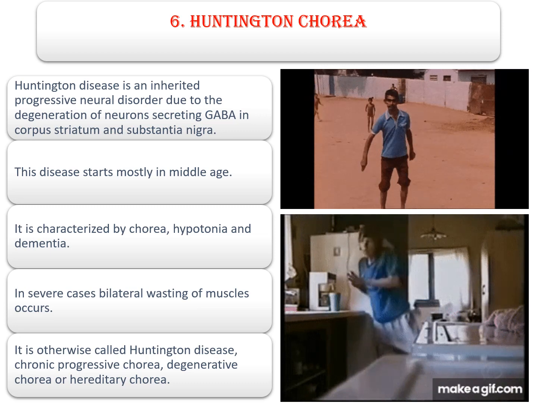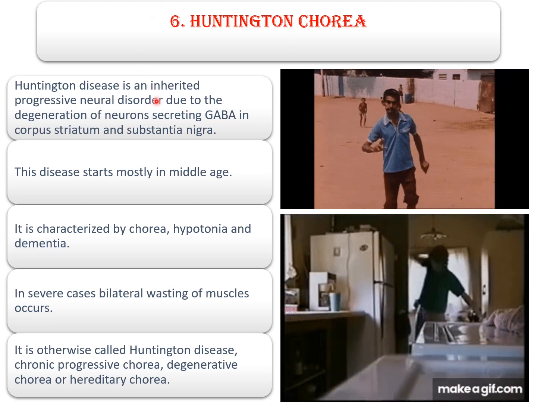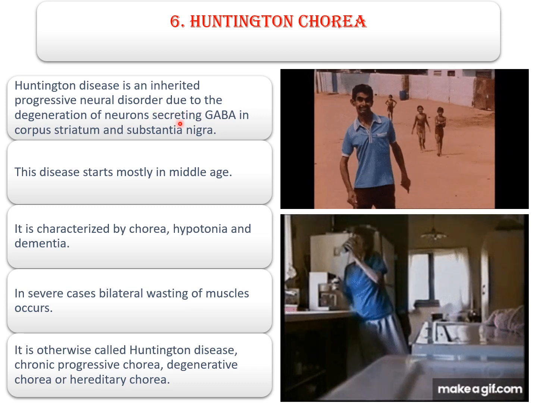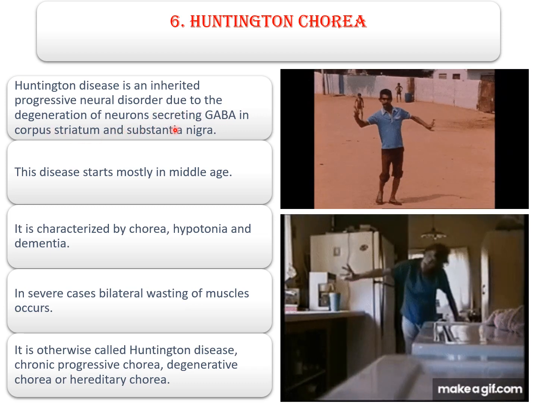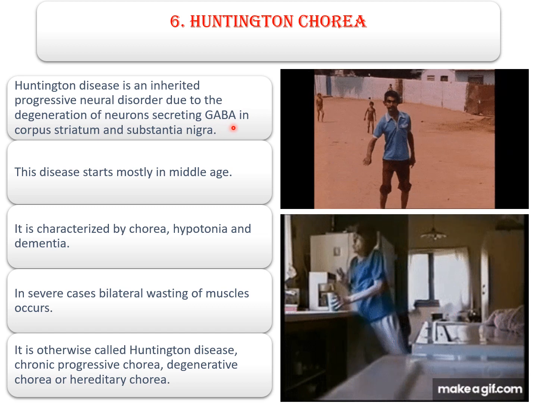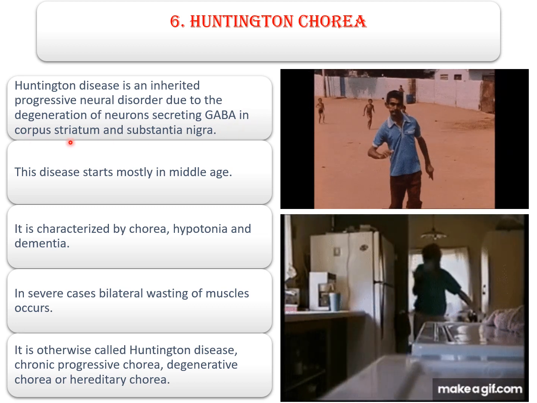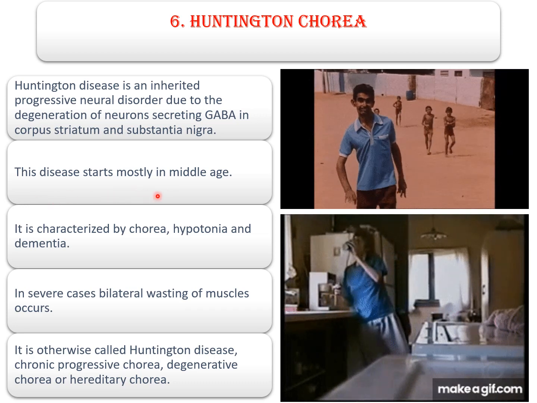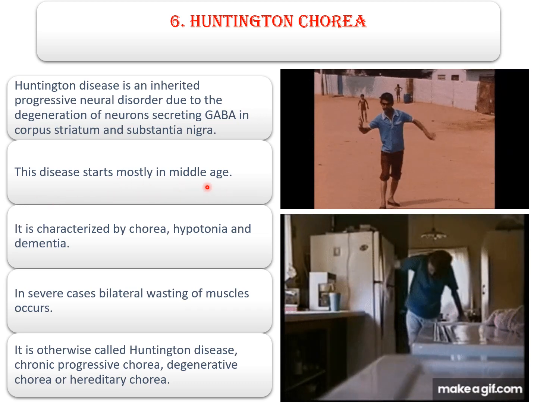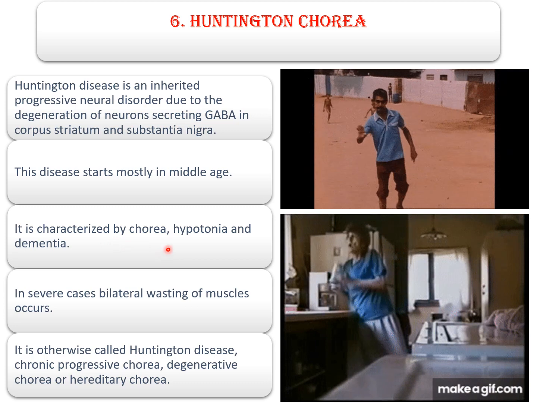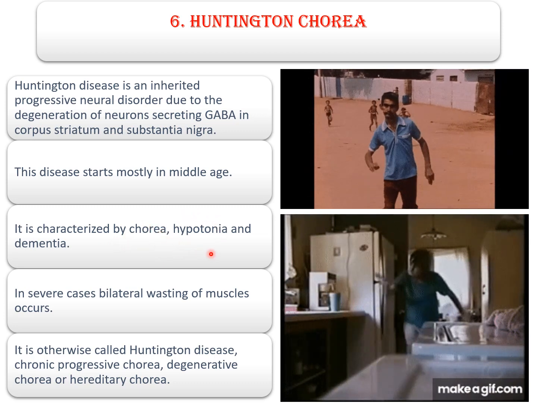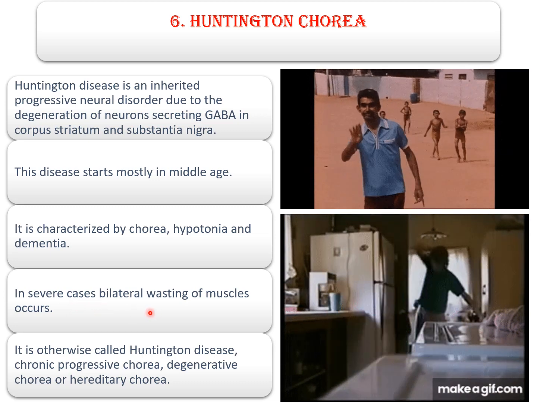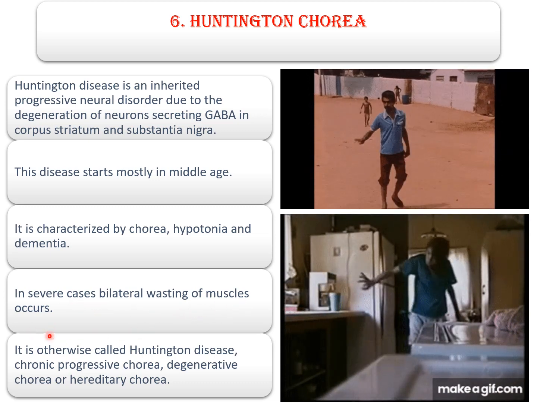Then Huntington's chorea. It is an inherited progressive neural disorder due to the degeneration of neurons secreting gamma aminobutyric acid in the corpus striatum and substantia nigra. This disease starts mostly in middle age and is characterized by chorea, hypotonia and dementia. In severe cases, bilateral wasting of the muscle occurs.